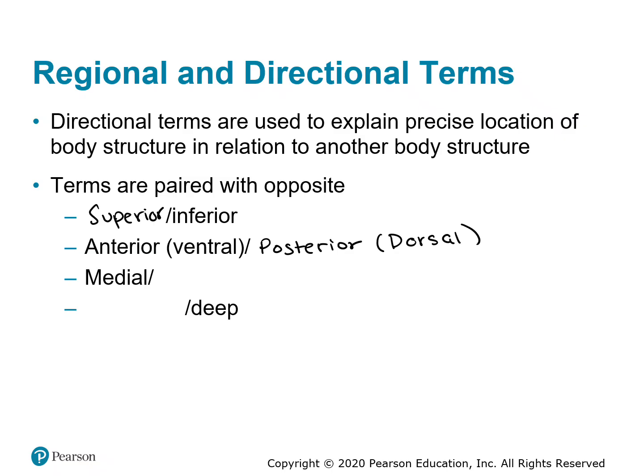Medial is towards the midline of your body, towards the middle. Lateral is going out to the sides. And then we have superficial and deep. Something superficial is right on the surface of your skin. Deep is going to be deeper in towards your organs.